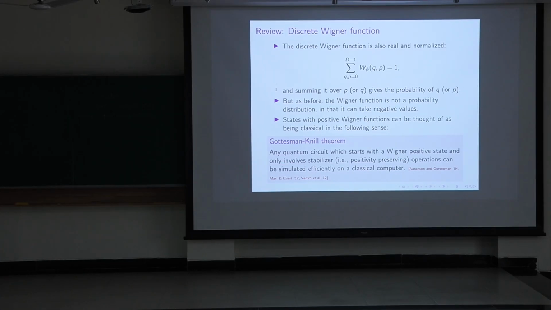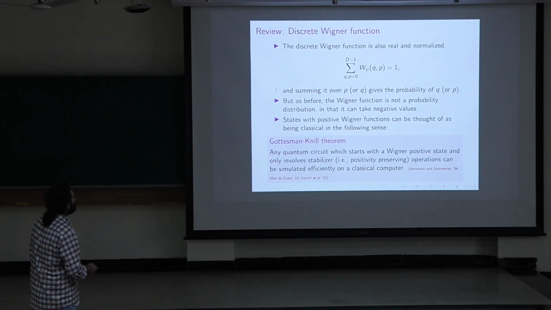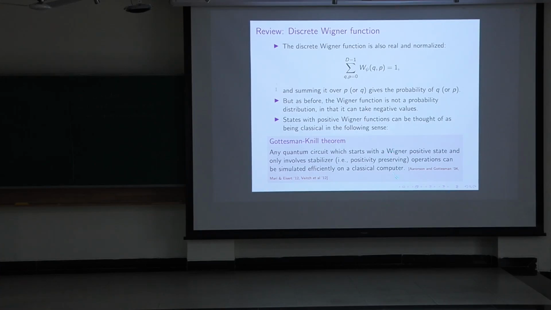So there's a class of quantum operations which do not spoil this positivity property of the Wigner function. These are sometimes called stabilizer operations. So the statement is that any quantum circuit which starts with a Wigner positive state and only involves positivity preserving operations can be efficiently simulated on a classical computer.